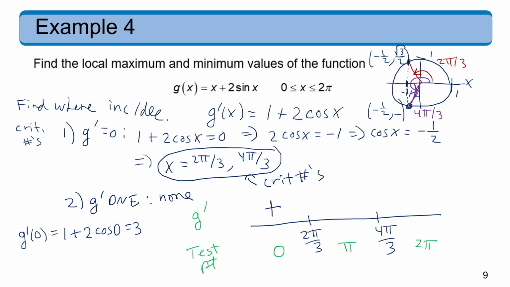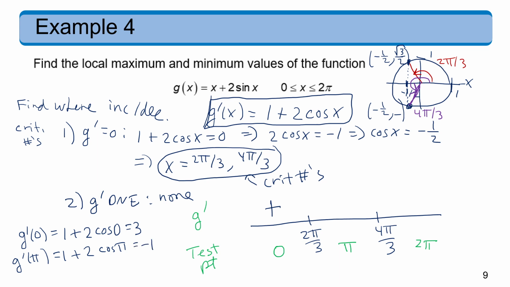Now let's plug in pi into g prime. So here's again our formula for g prime where I'm plugging in. So 1 plus 2 times cosine of pi. Cosine of pi is negative 1. So that becomes 1 minus 2, which is negative 1.